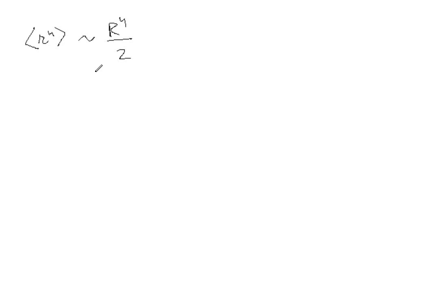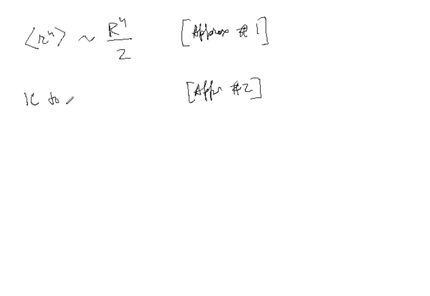Next, you see, since we expect the isothermal core to be a small fraction of the total mass, this is one, again, approximation number one. Next approximation, number 2, is we assume the isothermal core to be a small fraction of the total mass of the star.